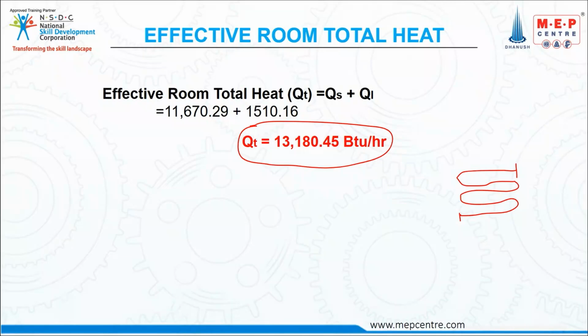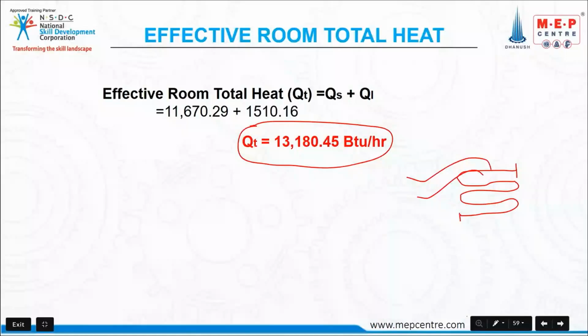Okay, this is the coil. In this coil, we are supplying the 60 CFM of outside air, the ventilated air. Whatever the ventilated air is, we are supplying here.